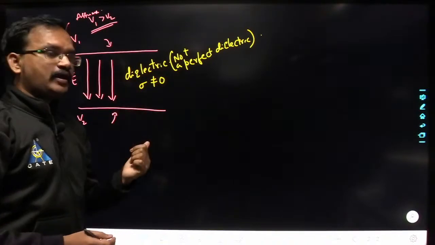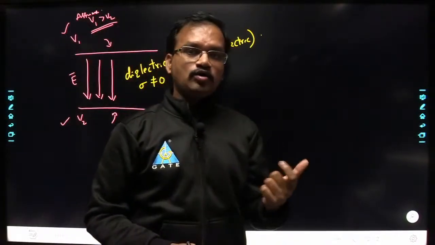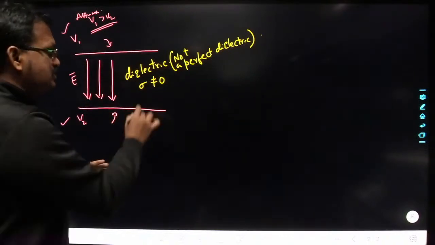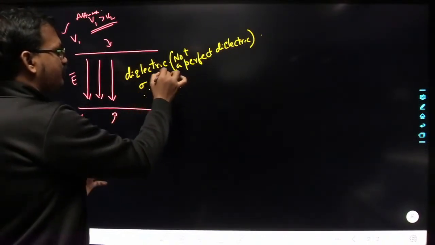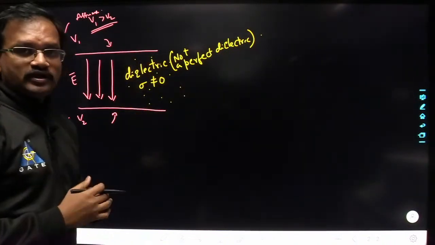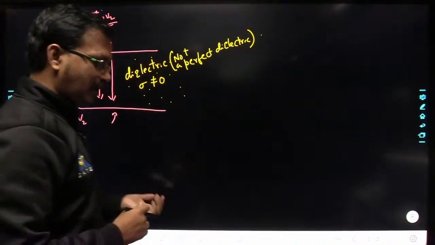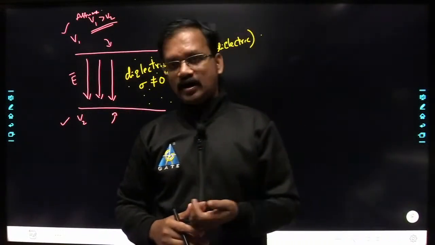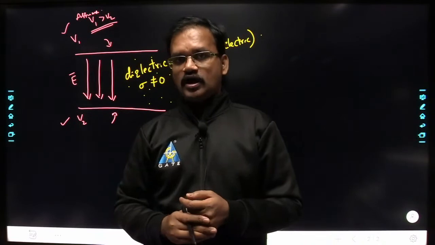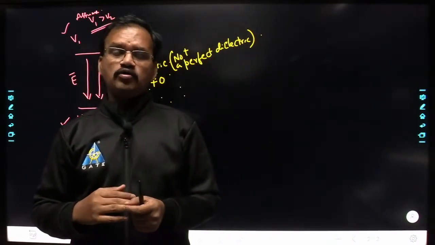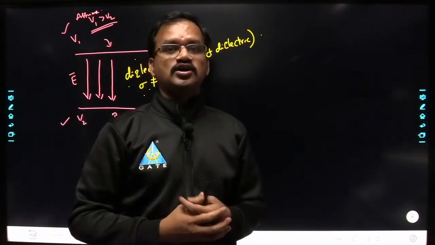So what do you mean by conductivity not equal to 0? Conductivity not equal to 0 means some free charge carriers are available in this medium. Yes or no? Whenever I talk about conductivity, conducting nature means in that medium we are going to have free charge carriers.